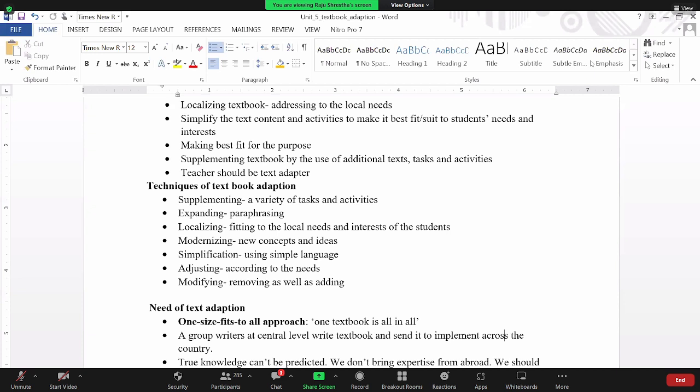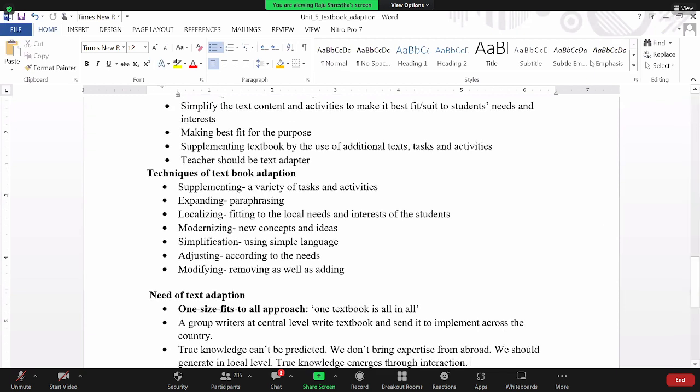So a textbook written by a group of writers, a single writer, do you think that it is everything? Do you think it addresses every student's learning needs and interest? Of course not. So we have to try to adapt in our context.